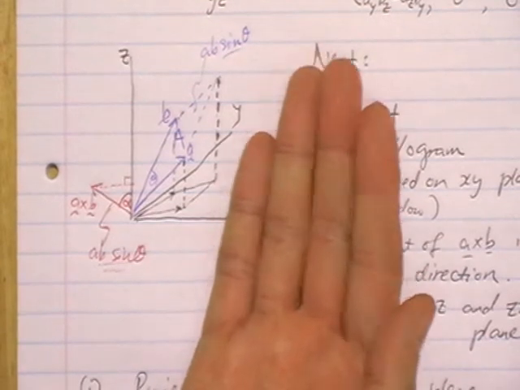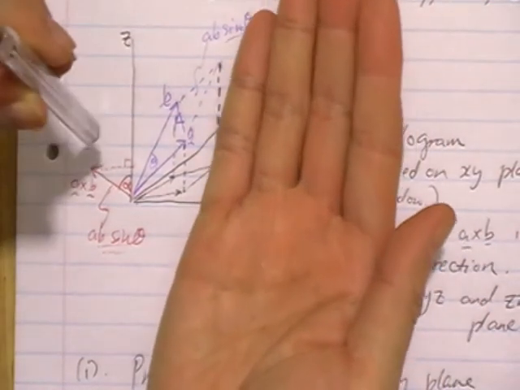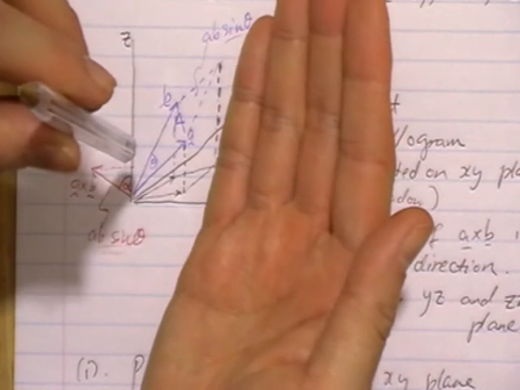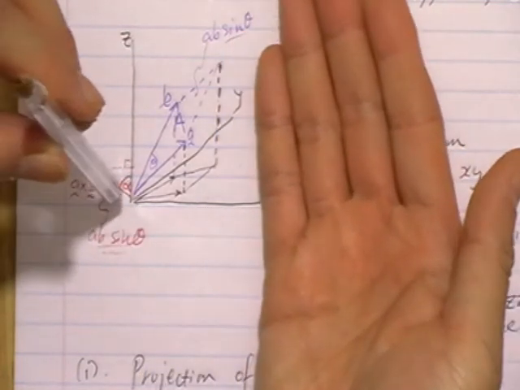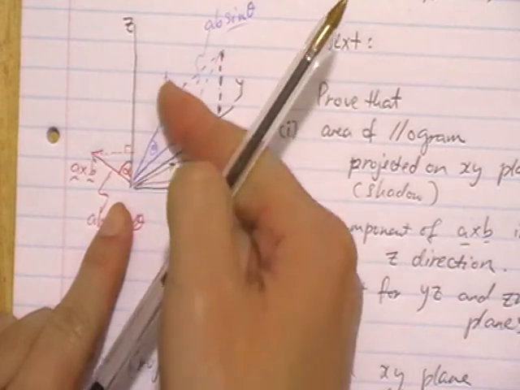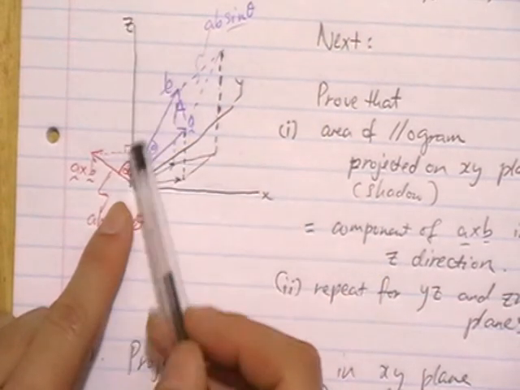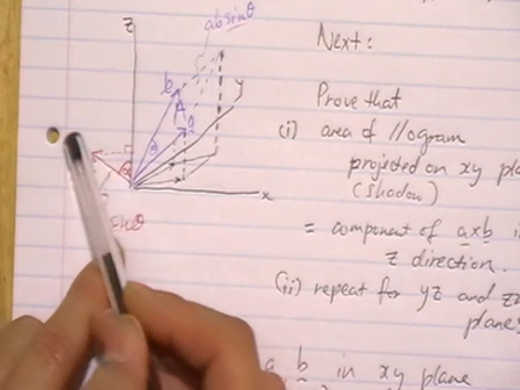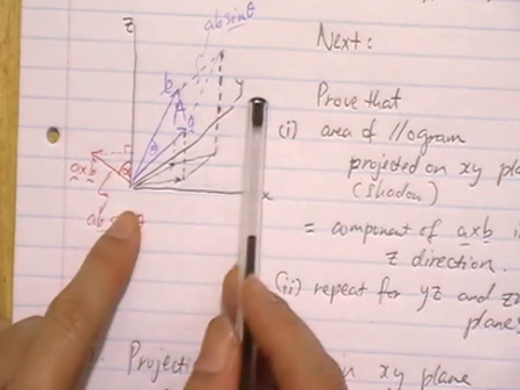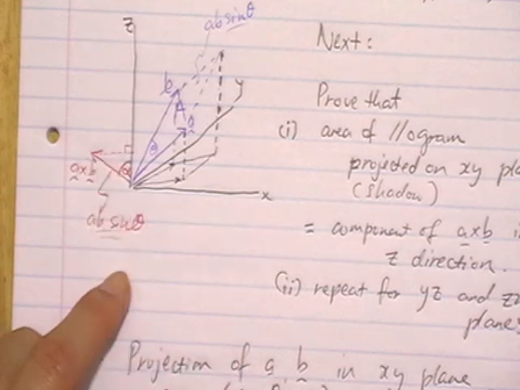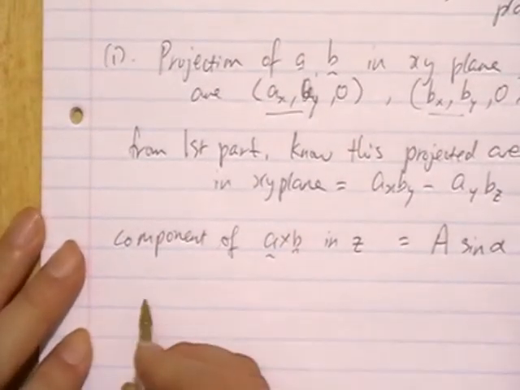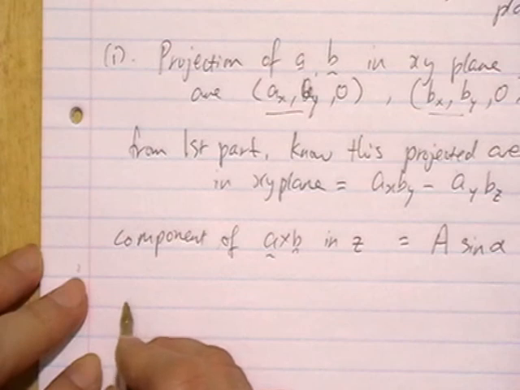If you tilt the xy plane so that it moves into the plane of this parallelogram, then the z-axis will tilt until it becomes aligned with A cross B. So clearly then the xy plane must have tilted by the same angle as the z-axis, which would be alpha.